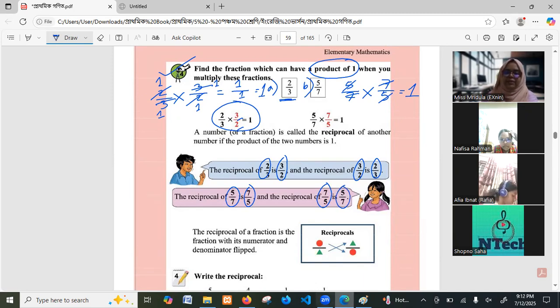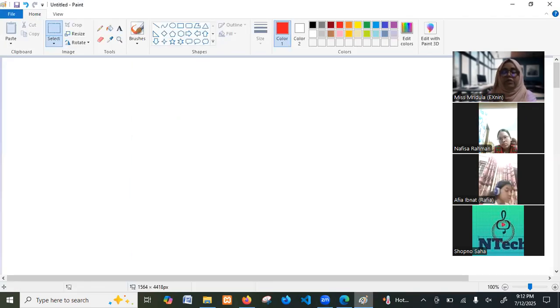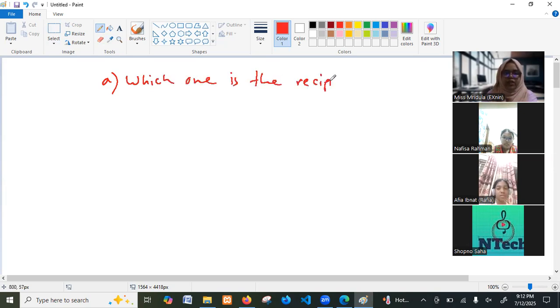This type of question sometimes comes in MCQs. Like, they are going to ask which one is the reciprocal of 2 by 3.